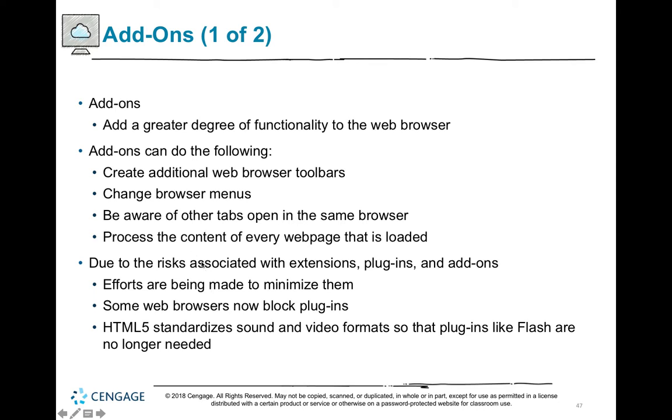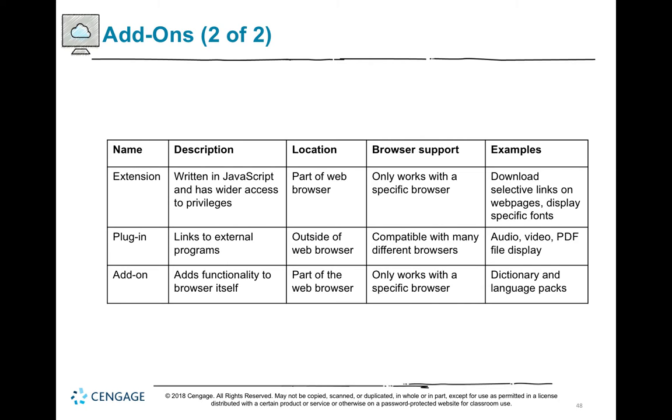To reduce these risks, a lot of companies are moving to HTML5. HTML5 isn't brand new, but it's relatively new, and companies are just now starting to transfer their dynamic content from things like Flash plugins into HTML5, which supports video and other dynamic content natively. Here's a differentiation between the three: the extension is written in JavaScript and has wider access to privileges.